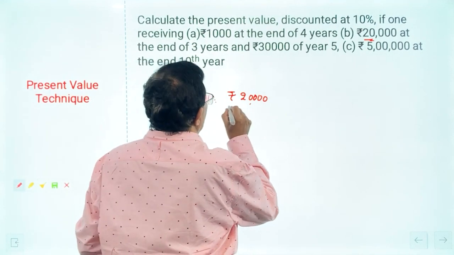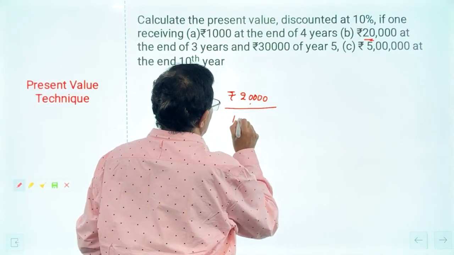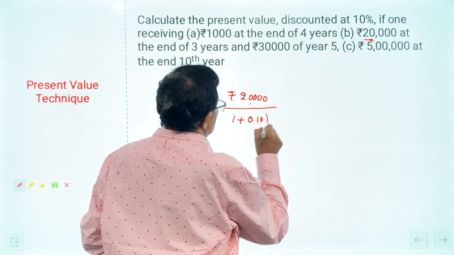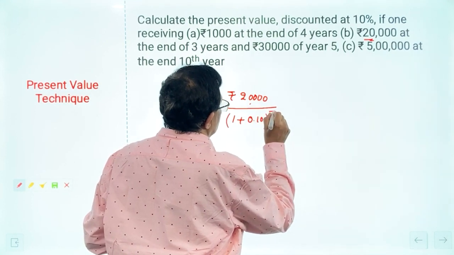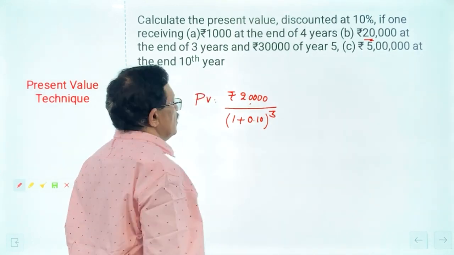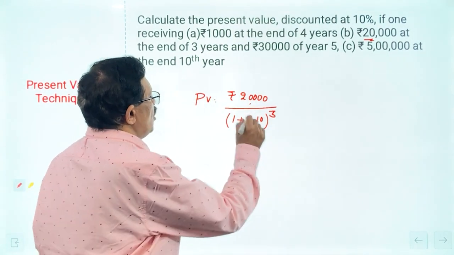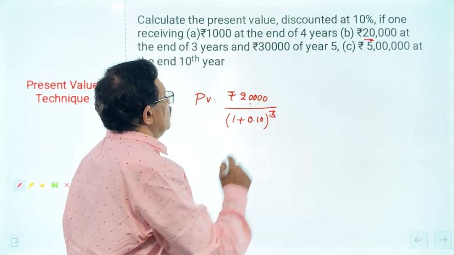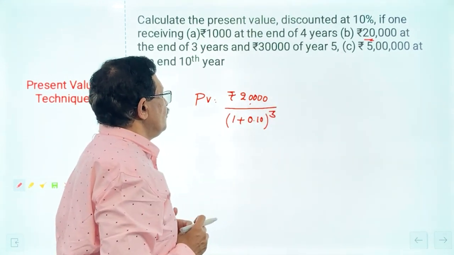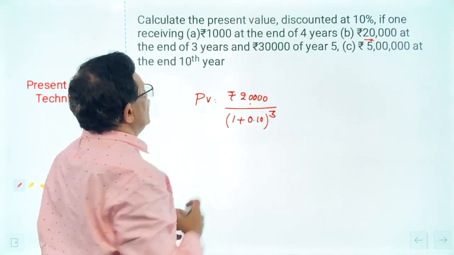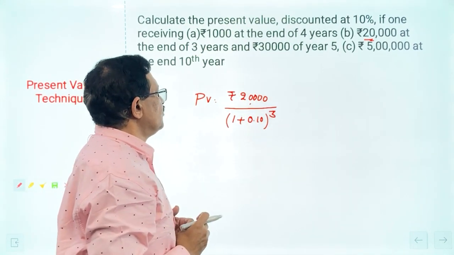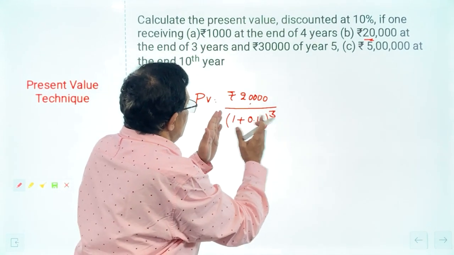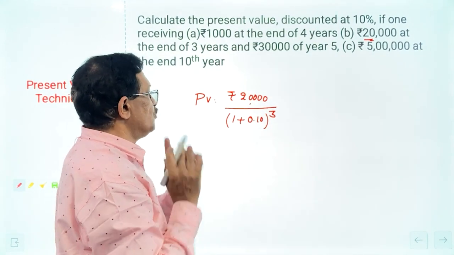So it is going to be 20,000 divided by (1 plus 0.10) whole to the power of 3, because this particular amount is coming at the end of the third year. n is going to be 3. The interest rate is 10%, that is, the discount factor is going to be 10%. This is the present value for the first amount.